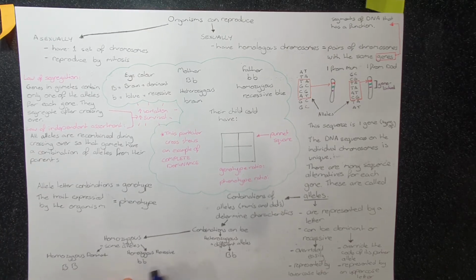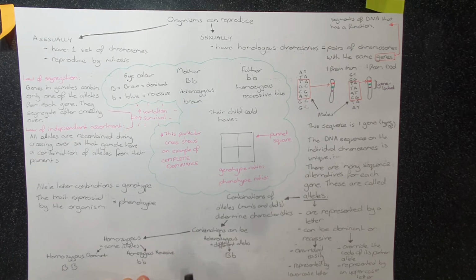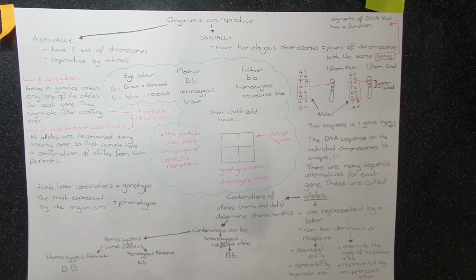In the situation over here where we have a heterozygous, hetero meaning different, different alleles, so one dominant and one recessive, we would have an offspring that will show the dominant allele of brown because it's dominant and it will override the recessive allele.